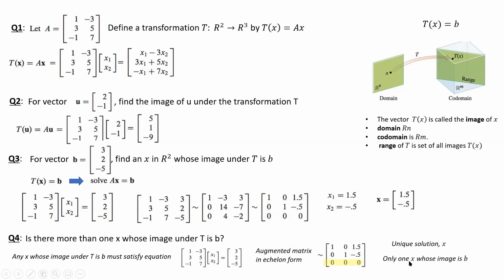That means there is only one x whose image is the desired vector b, or we often say that the preimage of b is unique. So there is basically only one vector x which gives us vector b under the transformation T.